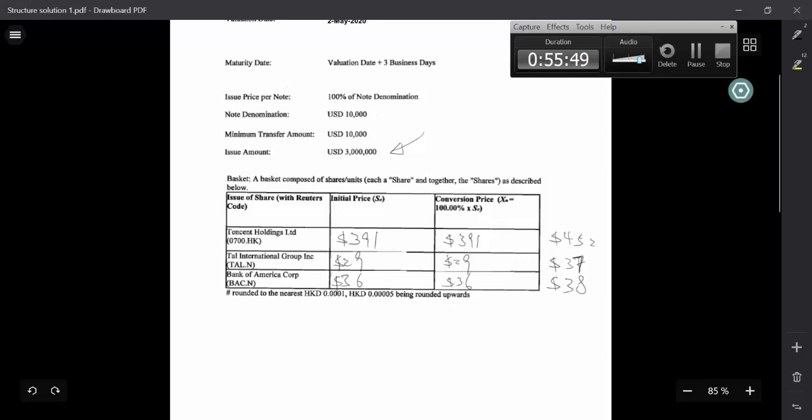Tencent has rallied massively over 10%, and Tao also rallied $8, but BOA only went up $2. So I ask you, out of these three, which one performed the worst? It would be Bank of America. So first step, you take the three stocks, look at which one performed the worst, and pick that one. So it is Bank of America.